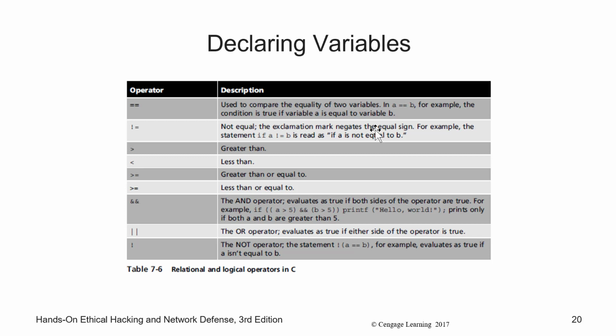So is A equal to B? That's two equal signs. Is A not equal to B? Bang equal sign. Is A greater than B? Greater than, less than, etc. The result of these statements is true or false, right? You're trying to determine truthiness, as they say.